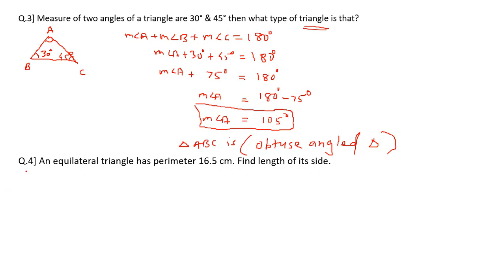Now, in question 4, an equilateral triangle has perimeter 16.5 centimeter. Find the length of its sides. Suppose this is our equilateral triangle PQR.